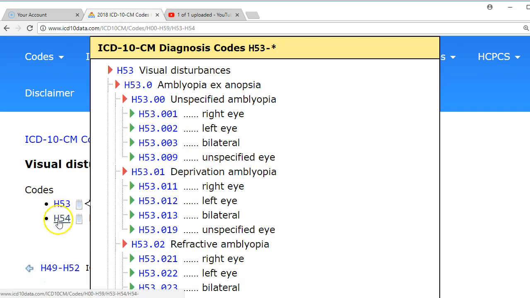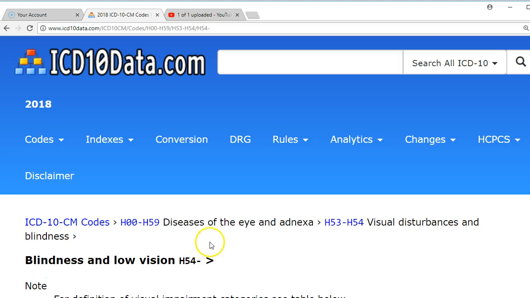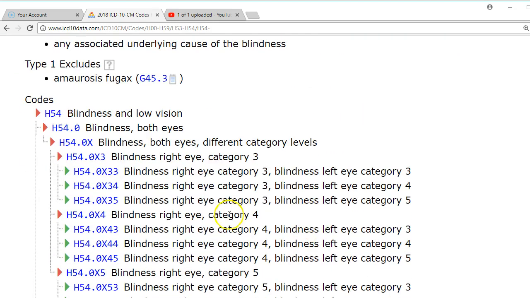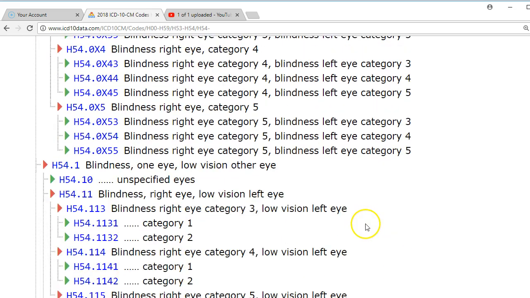Then we have the visual disturbances, and we have blindness and low vision. So I just want to show you guys here again. This is what they mean by those categories, okay? So we need to know blindness and low vision. Again, is it in one eye? Is it in both eyes? And do they give the categories for them?